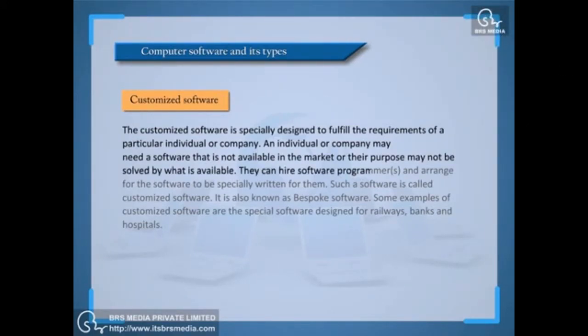They can hire software programmers and arrange for the software to be specially written for them. Such a software is called customized software. It is also known as bespoke software. Some examples of customized software are the special software designed for railways, banks, and hospitals.